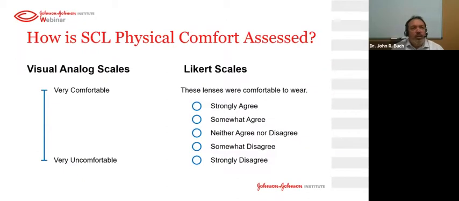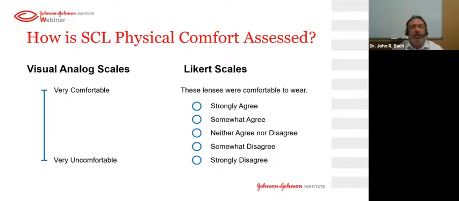So I got one slide here that I just want to talk about: how do we measure physical comfort? Well, we do it with questionnaires, or the other word is patient-reported outcomes, or PROs, that are used all the time in clinical research and in clinical practice. The two main types of scales that we use are visual analog scales and Likert scales.